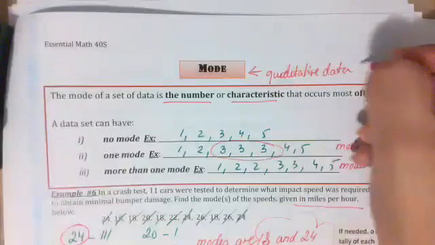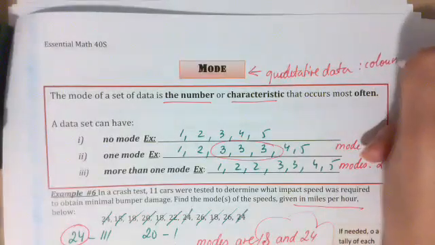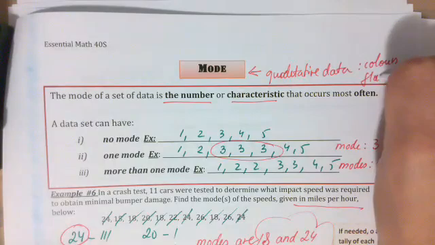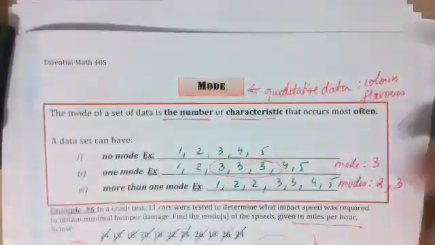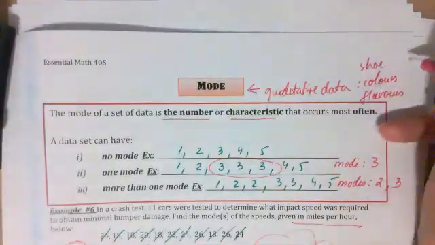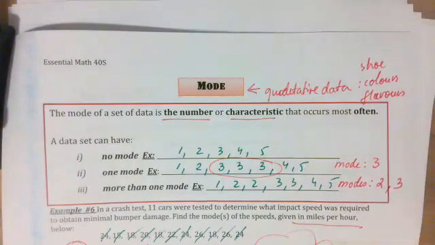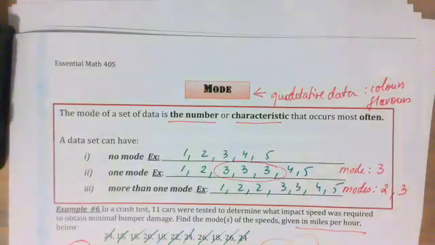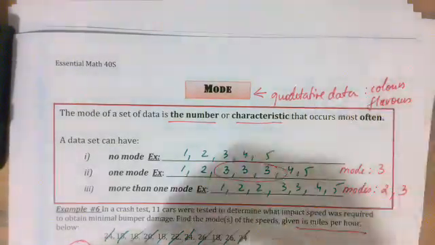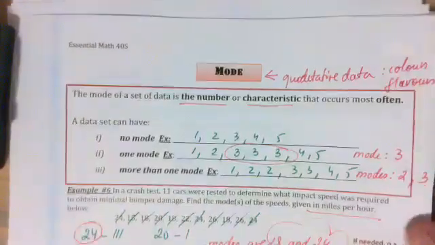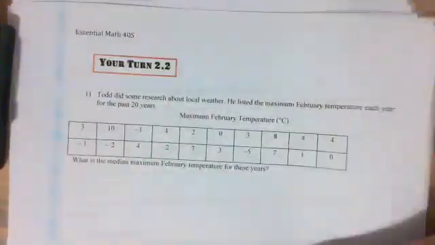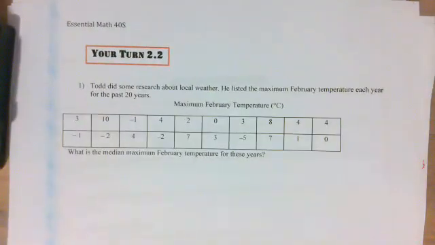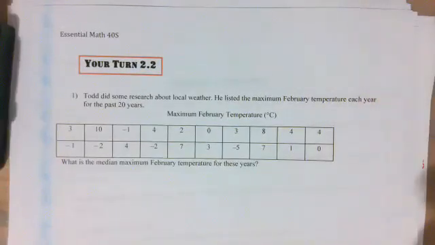Characteristics like colors, flavors, shoe sizes. I guess this is a number, but popularity of the shoe size would be part of a mode. If you want to find out which one is most popular, you can do mode. Okay, so your turn 2.2, and this one 5 minutes.